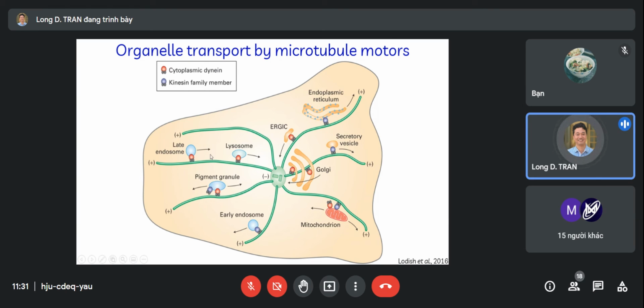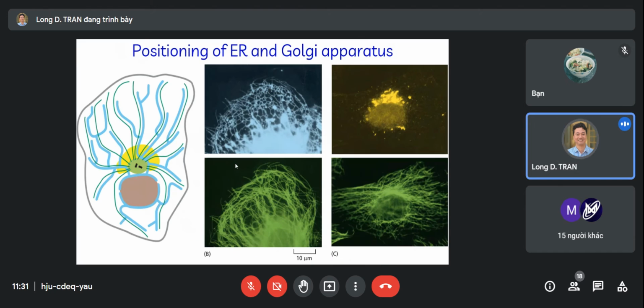And the endosome, the late endosome, could be transported from the outer region of the cell to the center region of the cell by dynein. And many other organelles in animals are transported by motor proteins on microtubules.